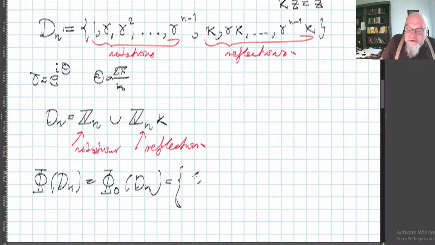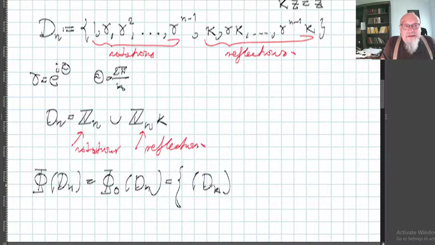Because if you have an n-gon, you can have the symmetries of a k-gon, which is in a certain way inscribed in the n-gon.